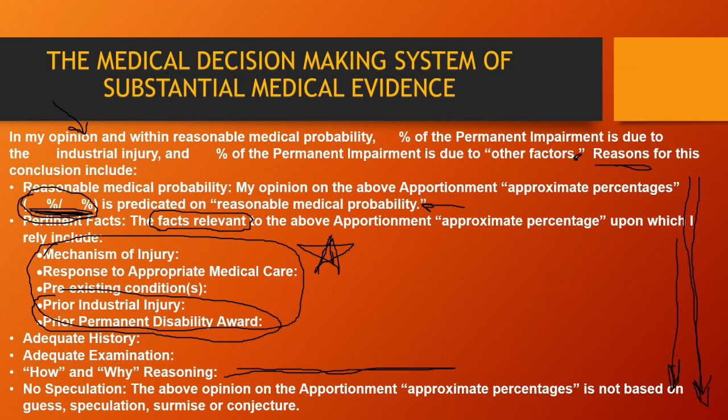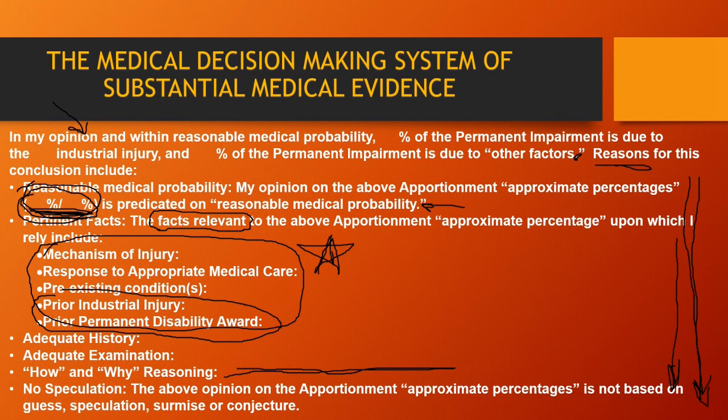You can think of these qualifiers as like filters in a funnel. So at the top of the funnel, you pour in your apportionment approximate percentages. You pour them in, 50-50, 60-40, 70-30, 30-70. You pour in your possible percentages, all possible opinions in the top of the funnel.